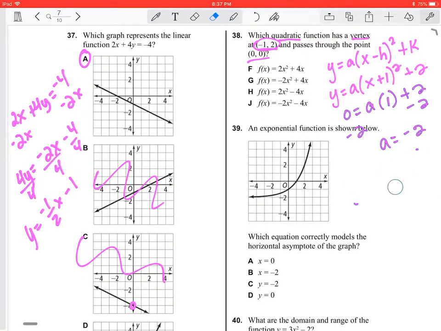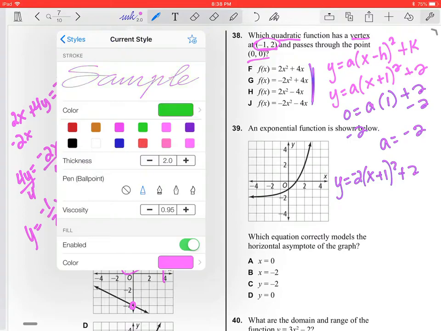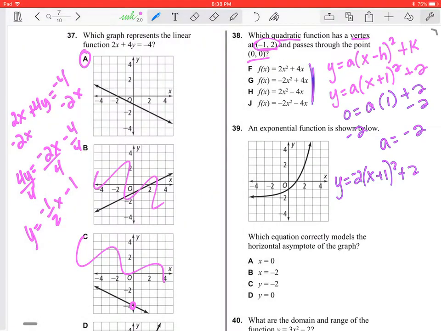Oops, hold on, I'm running out of room there. Y is equal to negative 2 times x plus 1 squared plus 2. Now, these are not in standard form, so that means I need to simplify. Okay? I have x plus 1 squared, so we can do this a couple ways, but I know that if I have a plus b squared, that's going to be equal to a squared plus 2 times the value of a times the value of b plus the value of b squared.